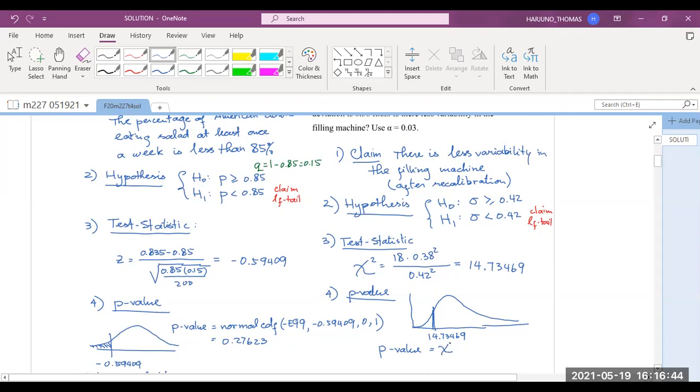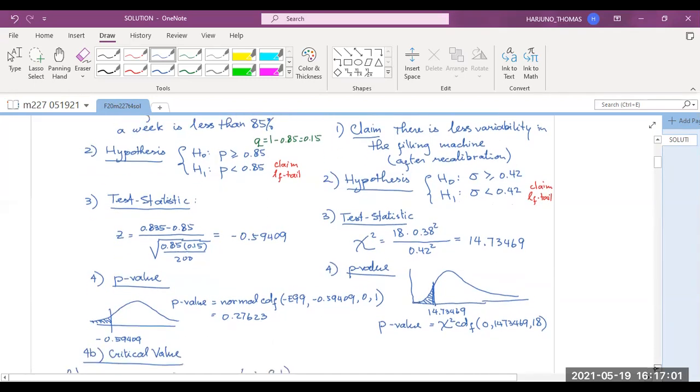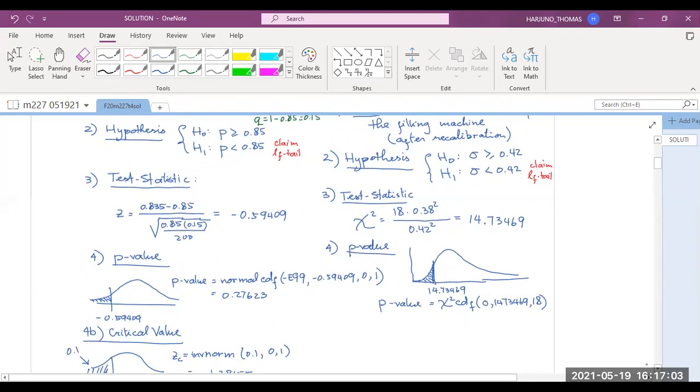That's chi-squared CDF from 0 to 14.73469, degrees of freedom 18. So chi-squared CDF, lower bound is 0, upper bound is 14 something, degrees of freedom 18.